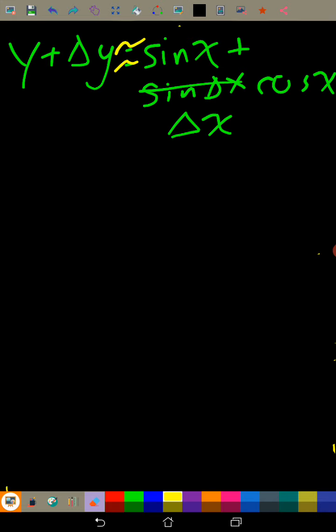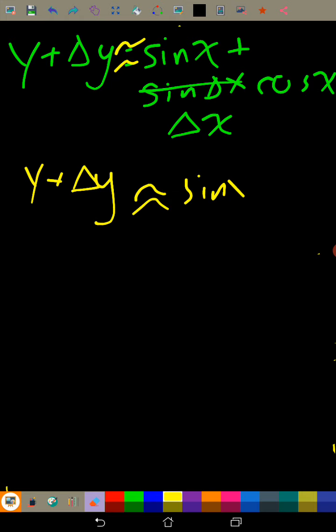What else do we have? If we want, we can rewrite this. We have y plus delta y is approximately sine x plus delta x cos x, right?